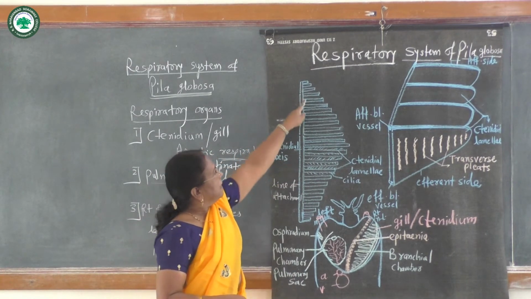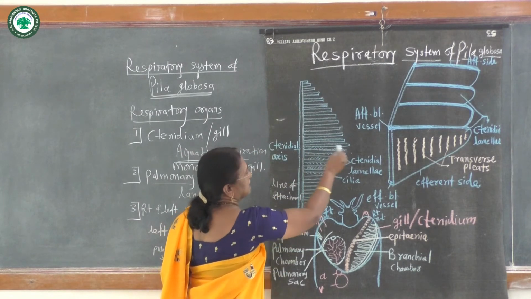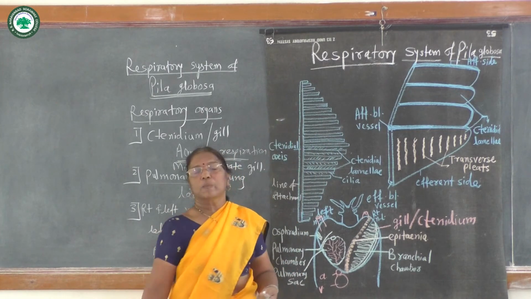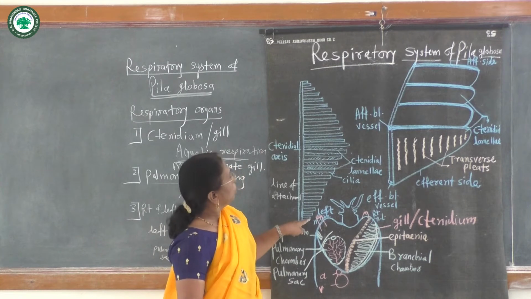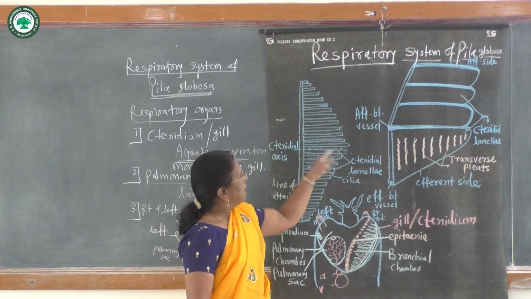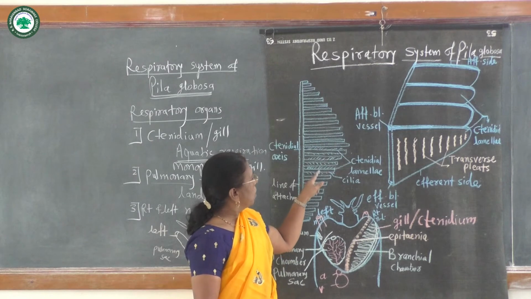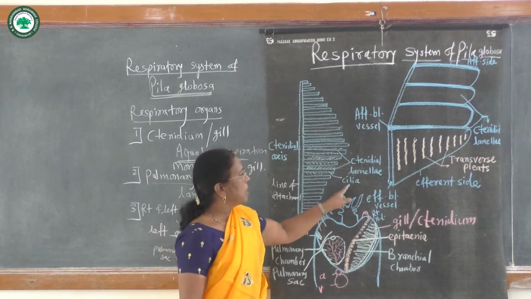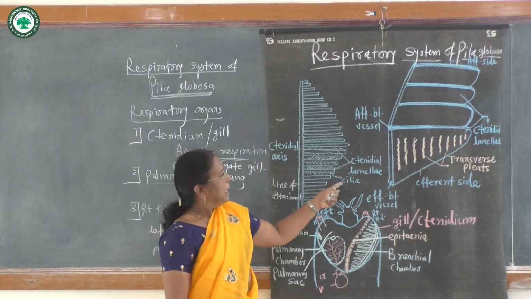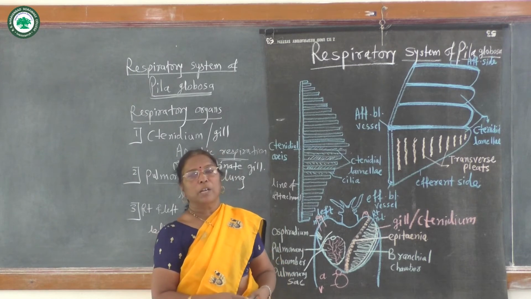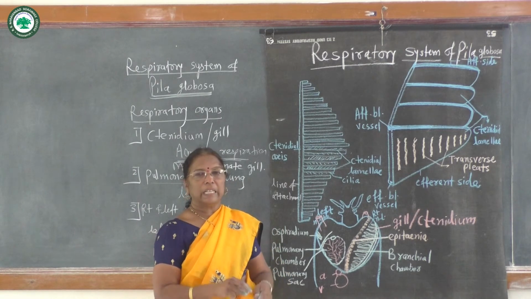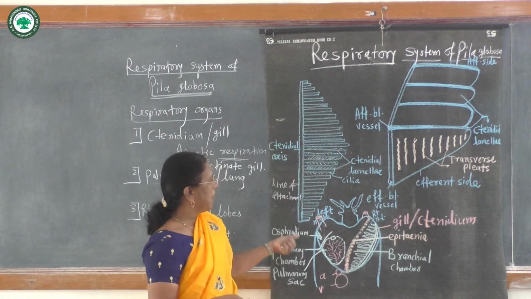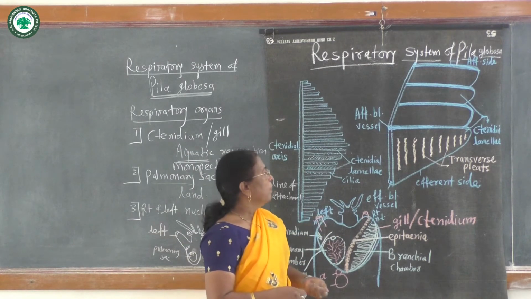These gill lamellae are largest in the middle, but gradually become smaller towards both ends. These lamellae have numerous small hair-like processes called cilia. These cilia are responsible for the continuous beating of the water current, and hence water enters through the left buccal lobe and goes out through the right buccal lobe.